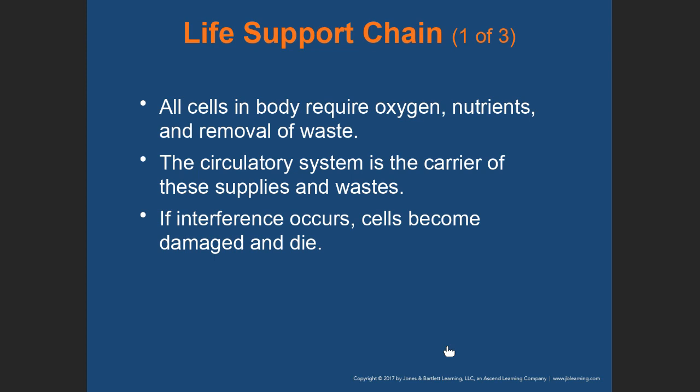And remember, once we start to talk about the exchange of oxygen, nutrients, and the removal of waste and CO2, we're talking about perfusion, right? This is perfusion. If interference occurs, cells become damaged and die.